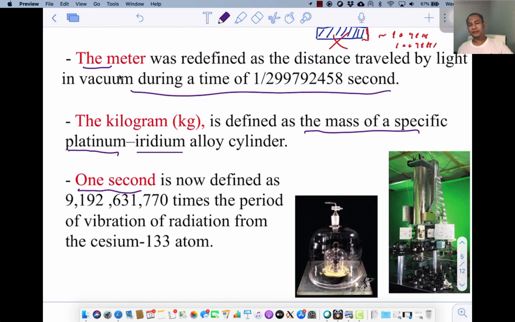Because this isotope is very stable, if we can count the vibration of the radiation, it will be very certain that 1 second is equal to this big number of periods of the vibration of the cesium-133 atom. So this defines 1 second.